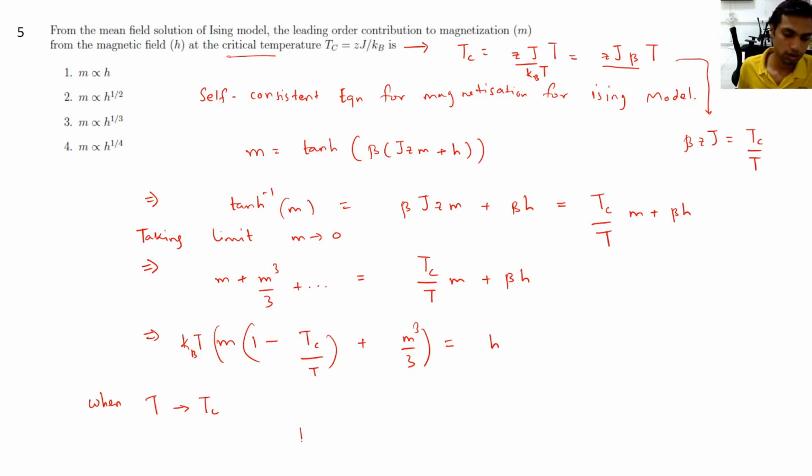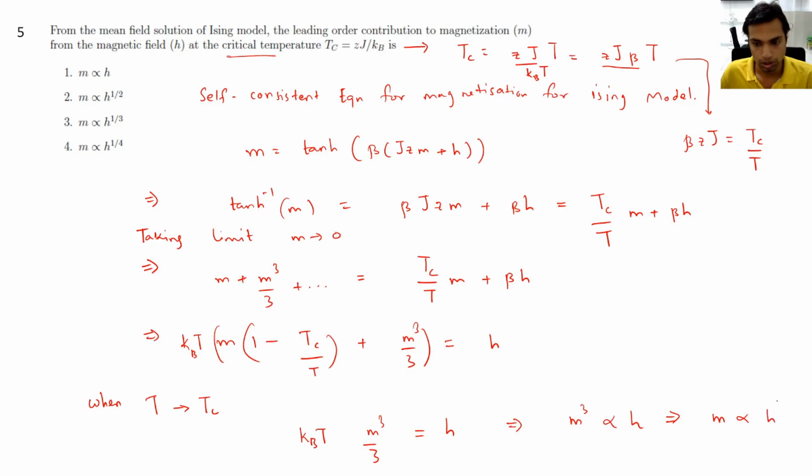So we will be left with kBT m cube over 3 is equal to h, at the critical temperature. Now from here we can see that m cube is directly proportional to h, which means that m is proportional to h to the power 1 over 3. So your correct answer will be h to the power 1 by 3.